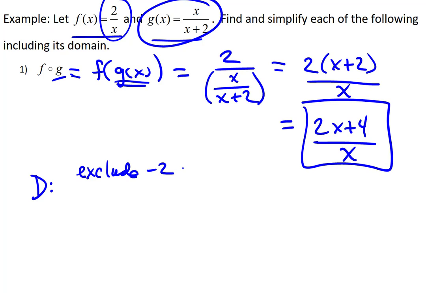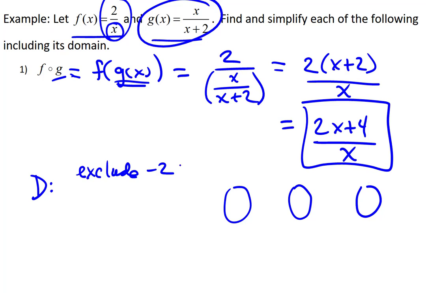But then we have to consider what is in the domain of the f function. Notice f has to exclude 0 from its domain, which means we don't just exclude 0 from the overall domain. If we go back to our picture, let me redraw a little bit over here. Remember our 3 sets in our picture?